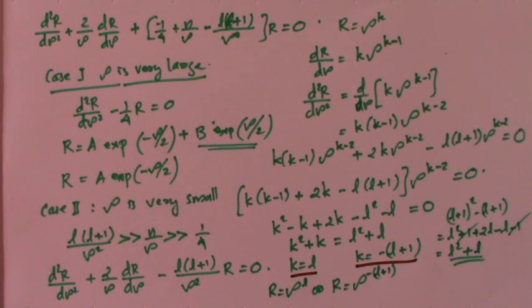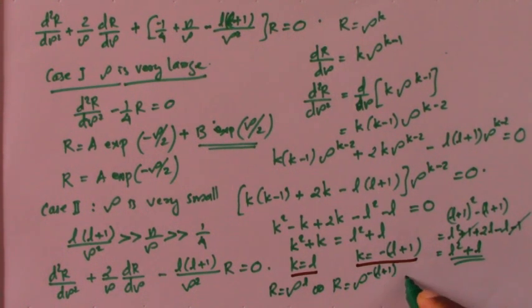It must be finite. And if you are considering the second one, that is R is equal to rho raised to minus of L plus 1, it just means that R is equal to 1 divided by rho raised to L plus 1.